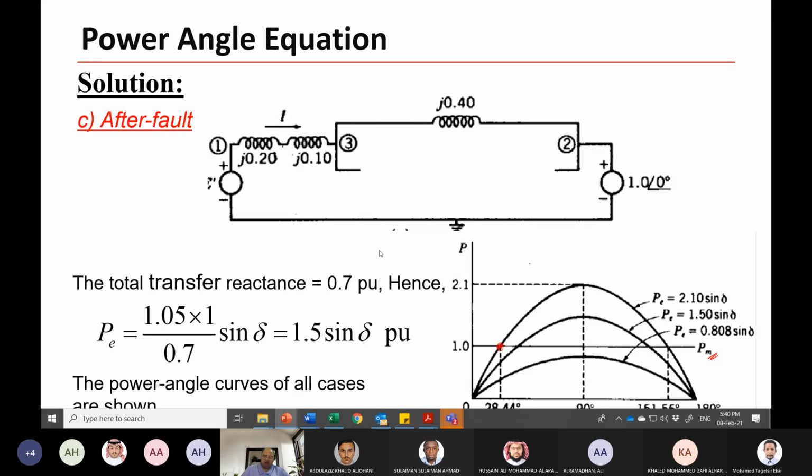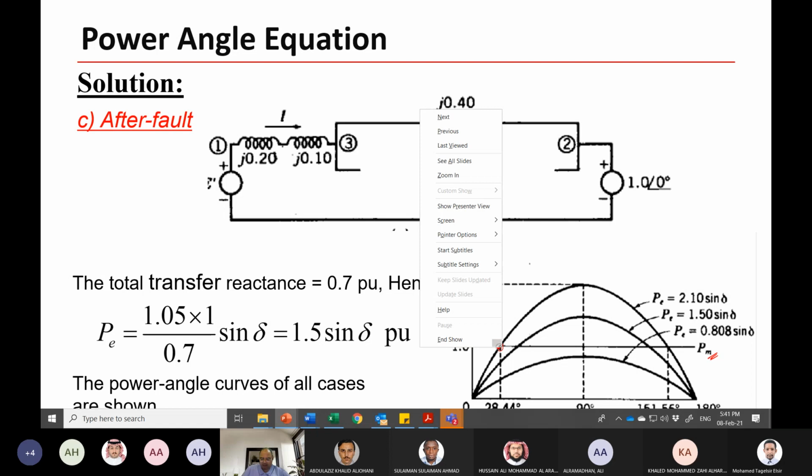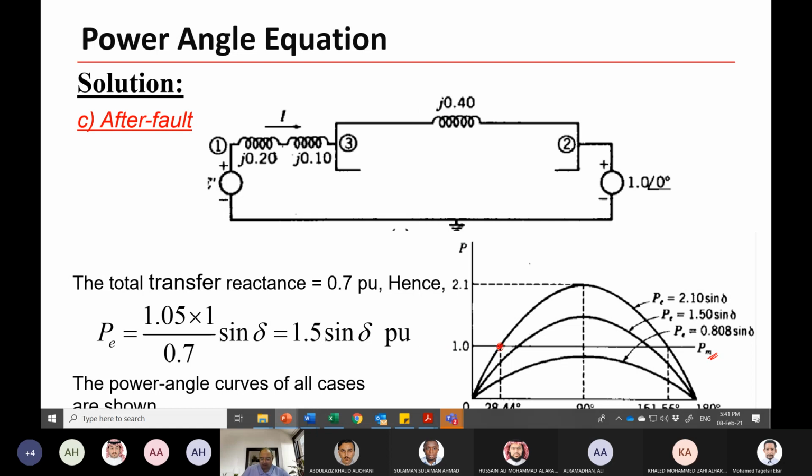For example, the system is operating here at steady state. Everything is fine. Now we have a fault. So this point will move. Where will it move? How will this point move if we have a fault?